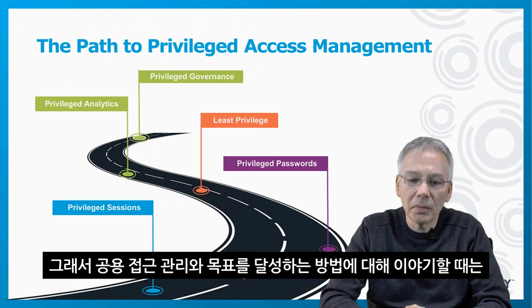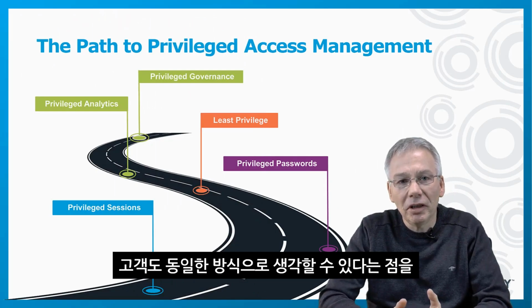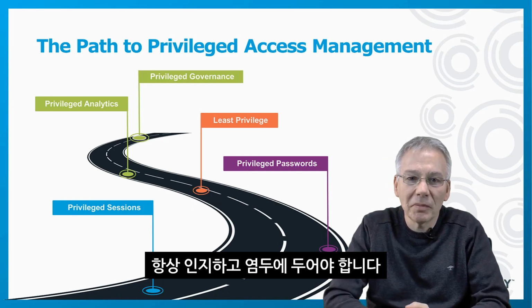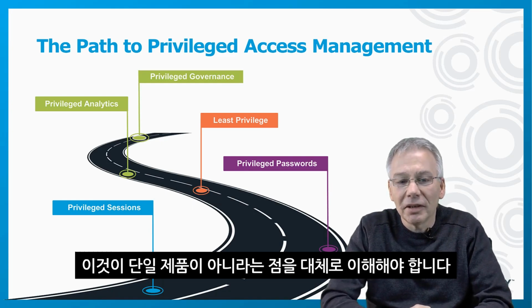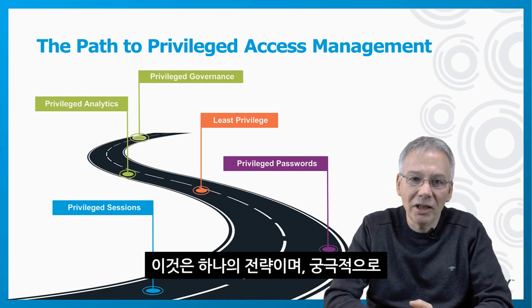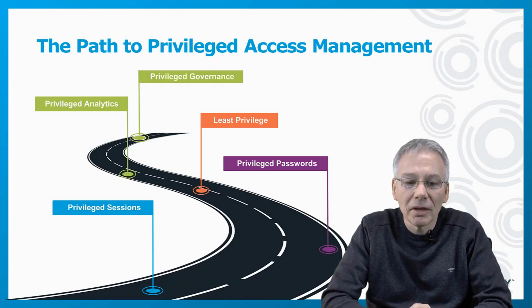So if we are talking about privileged access management and how to achieve things, you should always keep in mind that the customer may be thinking the same way: this is not a single product, more or less. It is a strategy, a journey to your final destination, which is called security.